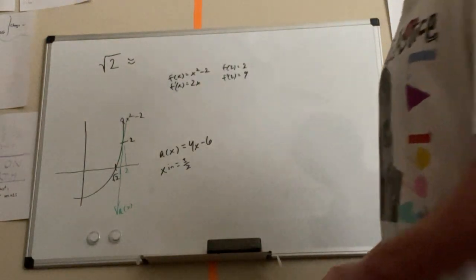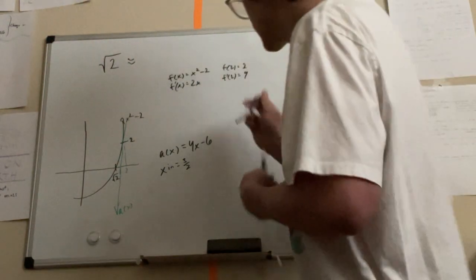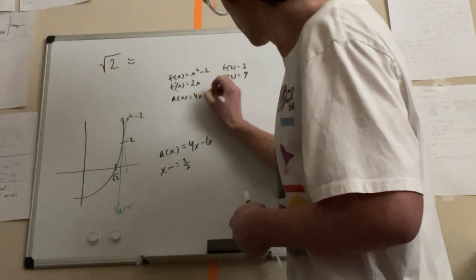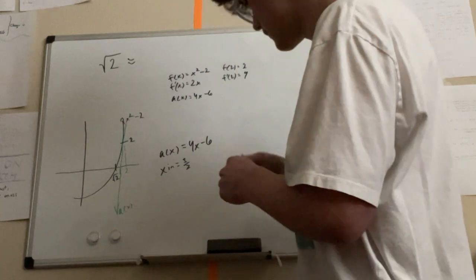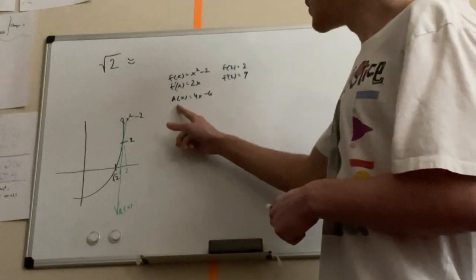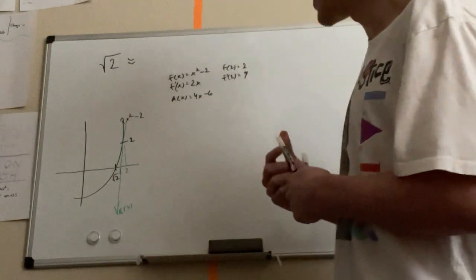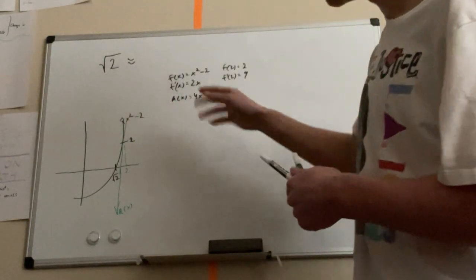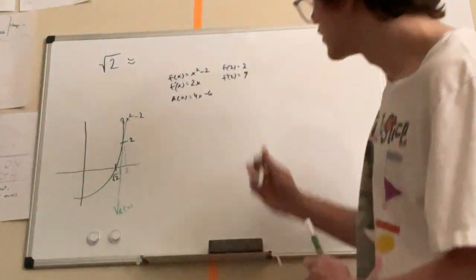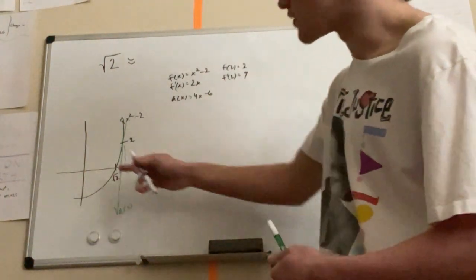So, let's just write this up here. The x-intercept equals that. But let's say we want to find a of x equal to 0, because that's when the x-intercept will be.